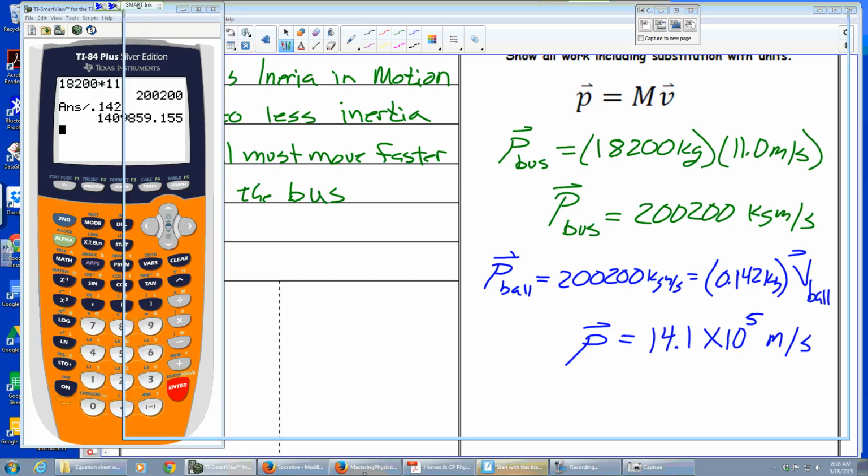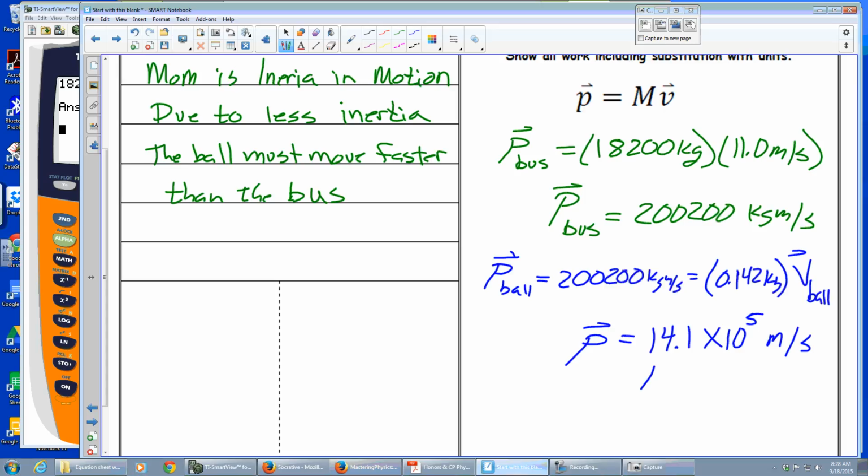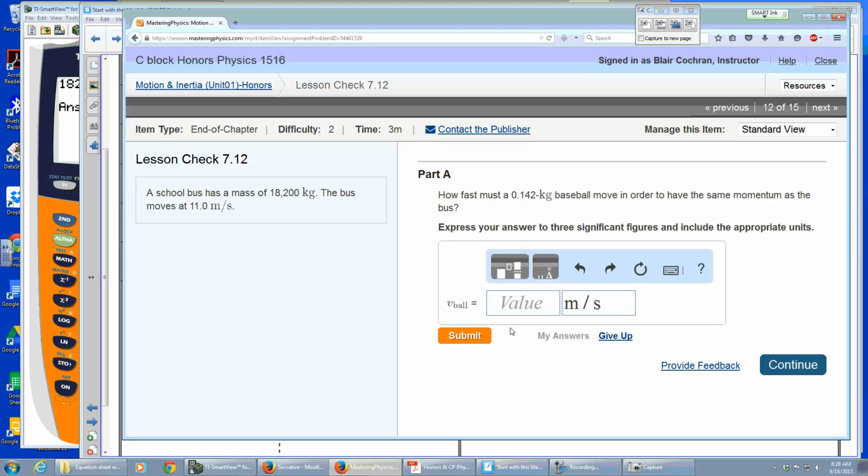They wanted it in meters per second? Yeah. Let's see which way this site likes the answer. I'm assuming they said 3 sig figs again. Yep. So I'm going to put 1.41 E, see if it takes E to the 6th.